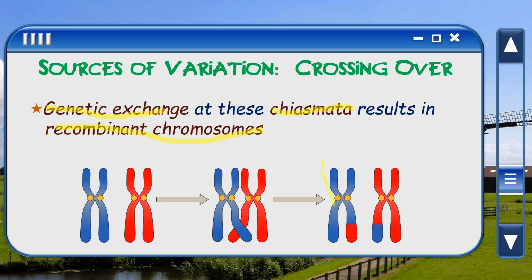Now they have exchanged genetic material across the chiasmata, and we have formed what we call recombinant chromosomes.